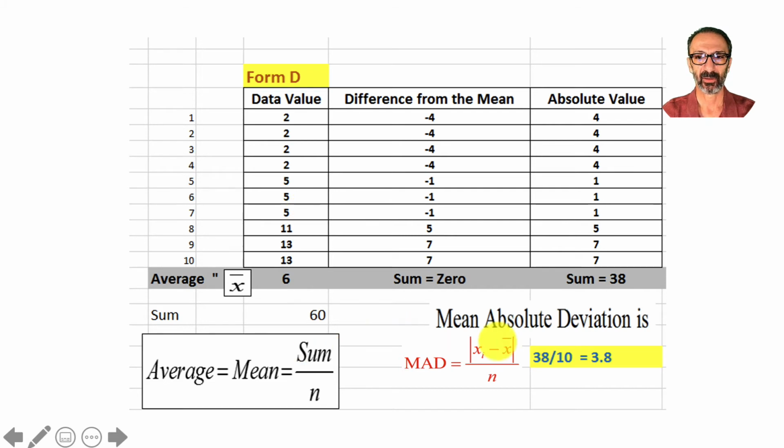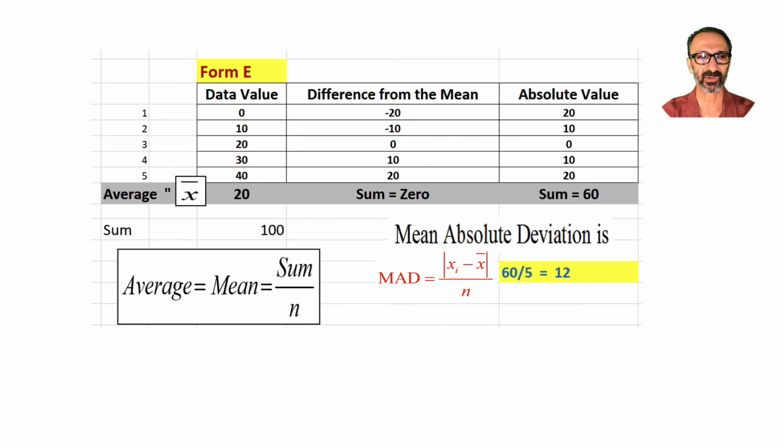Okay. More examples. This time I'm going to have fewer numbers. Only 5 numbers: 0, 10, 20, 30, 40. If you make a number line, that's exactly distributed. If you add them up, the sum is 100. Divide by 5, it's 20 as an average. 40 minus 20 is 20. 30 minus 20 is 10, and so on.